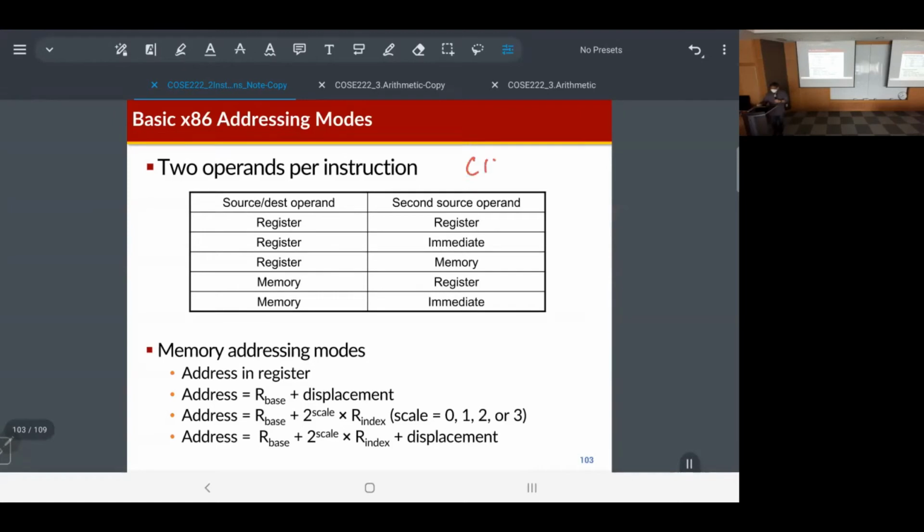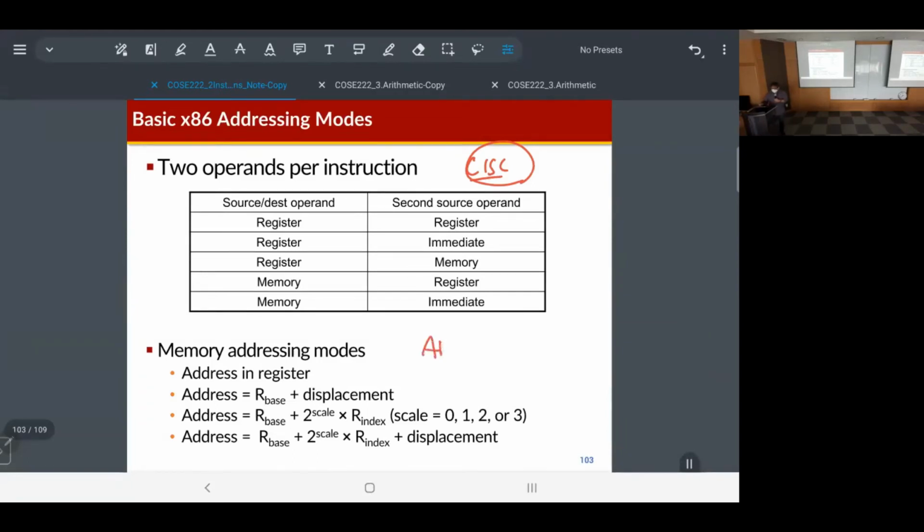But CISC is a little bit different. CISC supports very complex data access methods and very complex addressing modes.